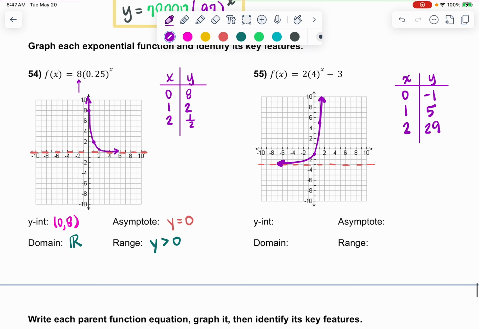And then we should be able to fill in our stuff, right? So our y-intercept is 0, -1. Our asymptote is at y equals -3. The domain, of course, is all real numbers because he's going to go forever left and right. But because of that asymptote, its y is greater than -3 because the whole function is above our asymptote. There you have it.